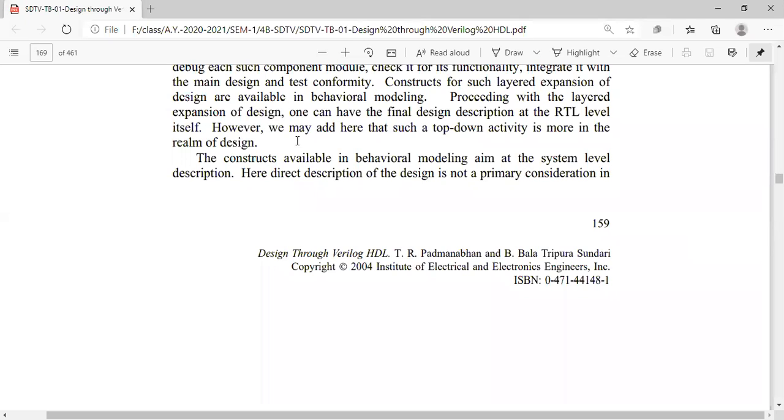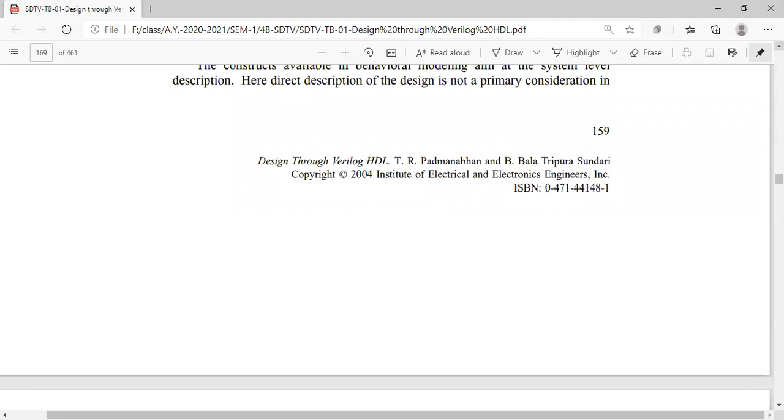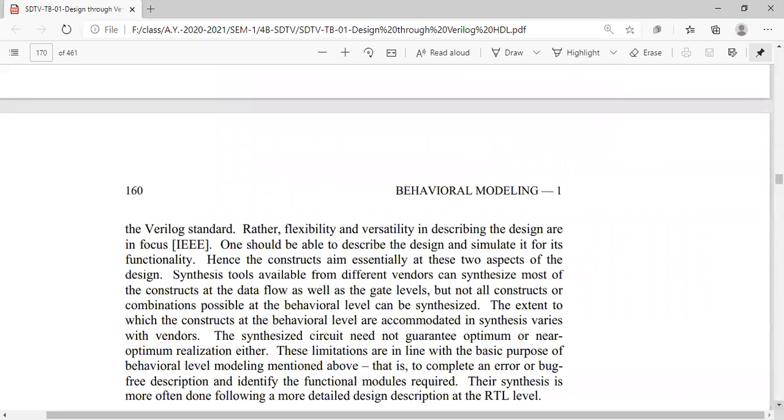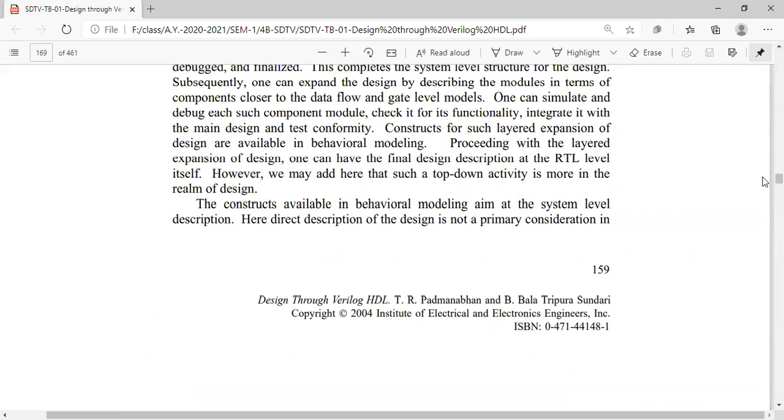Here direct description of the design is not a primary consideration in the Verilog standard, right?